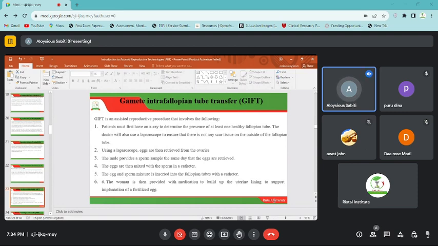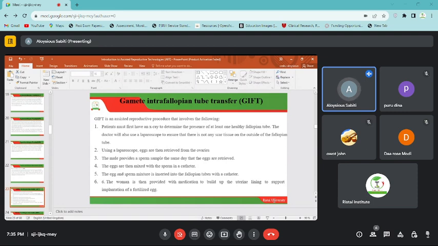Remember earlier on, for us to ensure that the eggs are mature, we use fertility drugs that keep stimulating the body to release the follicle stimulating hormones. After the eggs are retrieved, the male provides a sperm sample the same day.